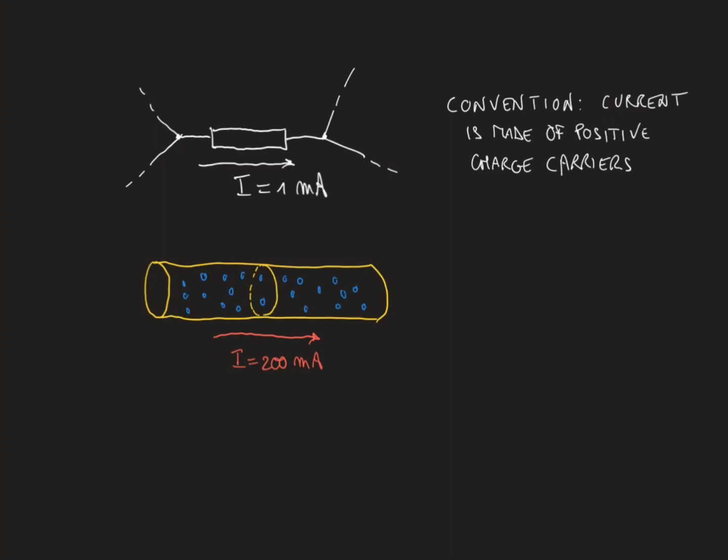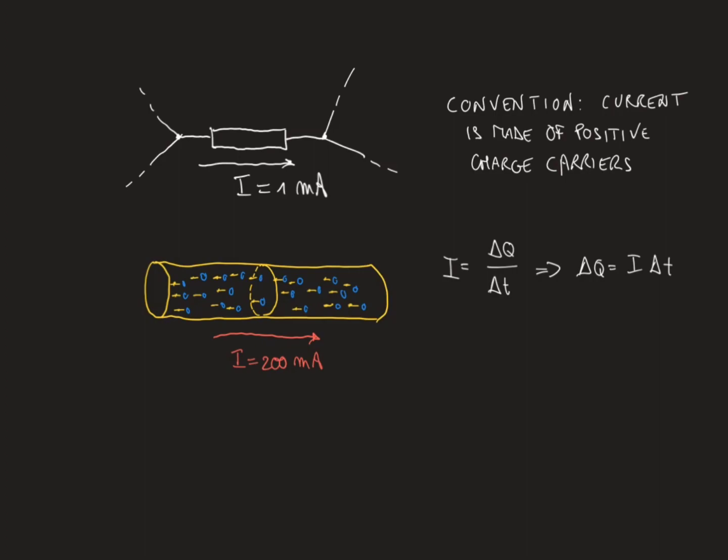Of course, electrons will be flowing in the opposite direction to the one indicated by the red arrow. By definition, the current is given by the amount of charge passing through the section in a given amount of time delta t. If we know I and delta t, we can obtain the amount of charge, delta q. Here, delta q is of course the amount of conventionally positive charge.